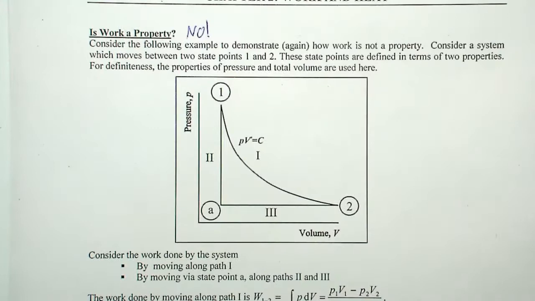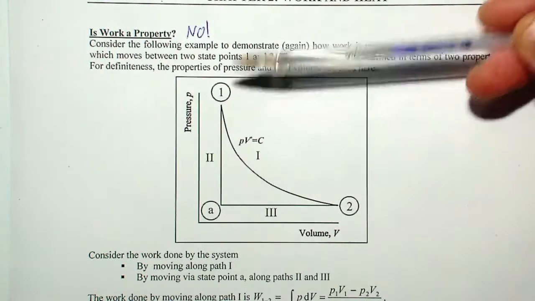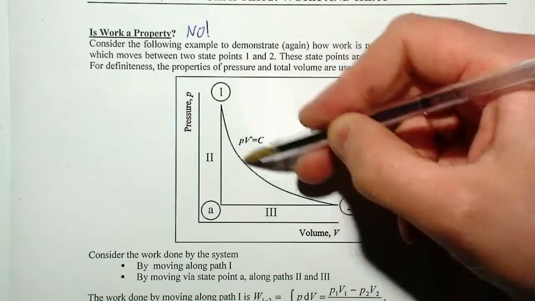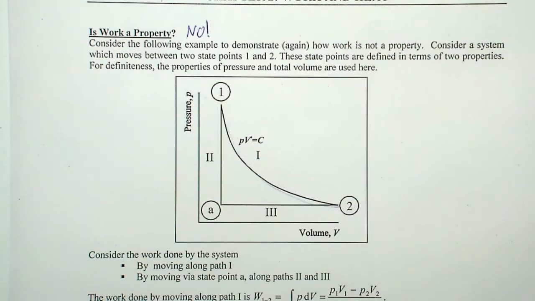So, coming back to this PV diagram, I've got the starting point, state point 1, and state point 2. You would agree that I could move from point 1 to point 2 via this curve, which represents a polytropic process, as we've seen.